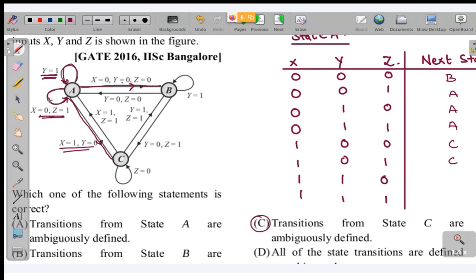Here we have X0. So for X1, Y1, you can see I will be taking this case. Why? Because there is nothing mentioned about X, but Y is mentioned to be 1. So this will be A and this will be A. So you can see for all the different combinations, the next state is perfectly defined over here.